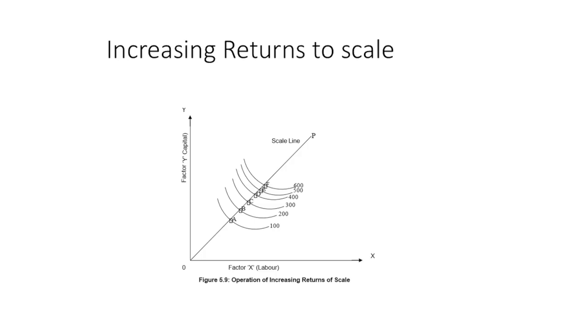But you can see from this graph, the output is increasing. Output is increasing with lesser proportionate changes in the input. This is the operation of increasing returns to scale.